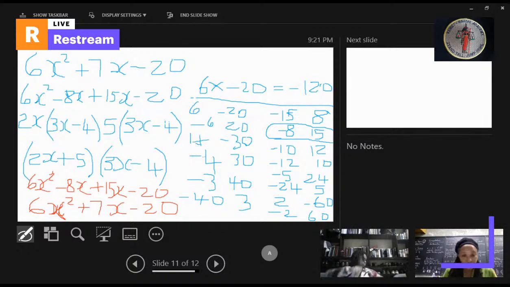When we do algebra again, we're going to do some more factorizing of quadratic expressions just for good practice. And then we will go on to solving quadratic equations using factorization, because there are other methods which we are going to do in time.